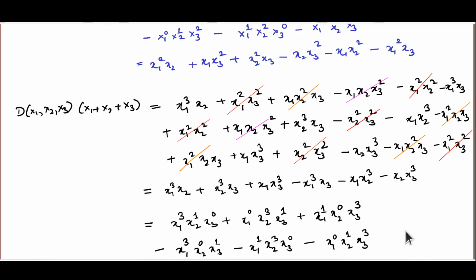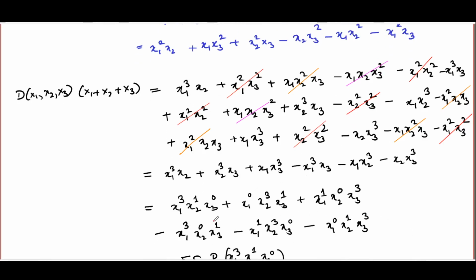In fact, it will be easier to recognize the permutation involved here if I were to put in all the three variables x1, x2, x3 with their various powers here. This term, of course, becomes x1 cube, x2 to the power 1, x3 to the power 0. This one is x2 to the power 3, x3 to the power 1, x1 to the 0. Or if I am writing them in the order 1, 2, 3, this will be x1 to the power 0, x2 to the power 3, x3 to the power 1, and so on down the line.